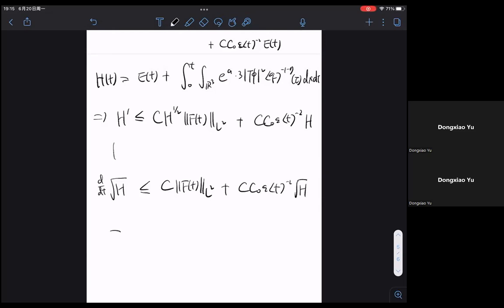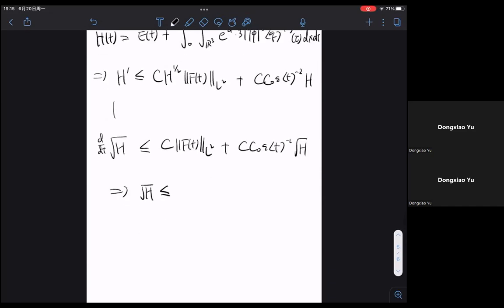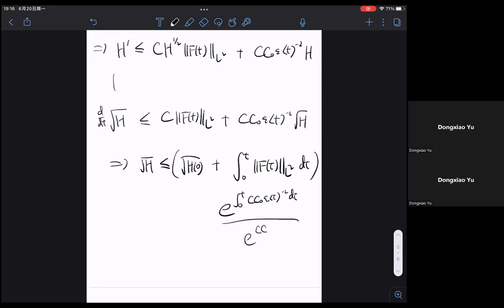So our final conclusion is that the square root of h is controlled by the square root of h0 plus the integral from 0 to t of the L2 norm of f, and also multiplied by some integral from 0 to t of c epsilon. So something like this. Now you see that this gives us c0 epsilon. This is the end of the proof.